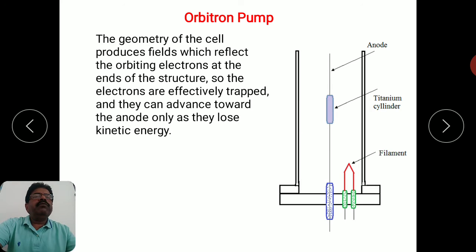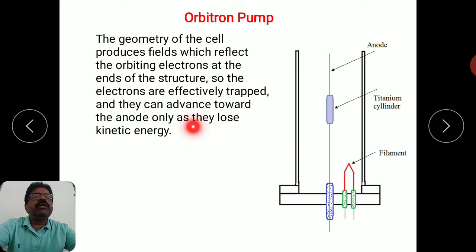The geometry of the cell produces a field which reflects the orbiting electron at the end of the structure. When the electrons try to move in this direction, they will be reflected back. So the electrons are effectively trapped, and they move along this electrode in an orbiting path.